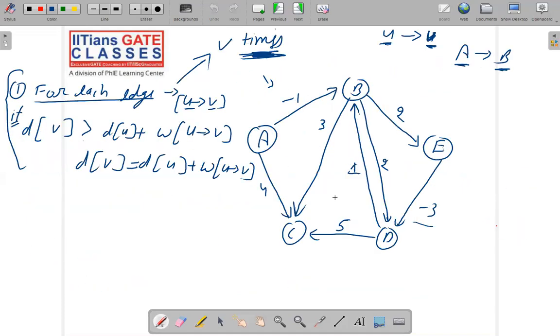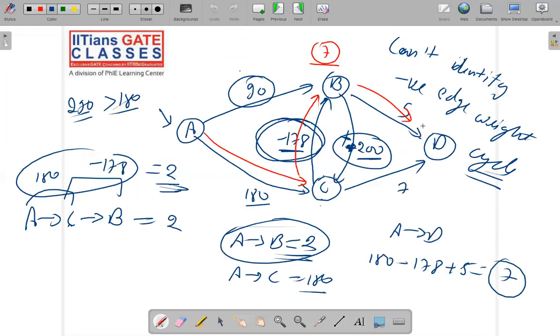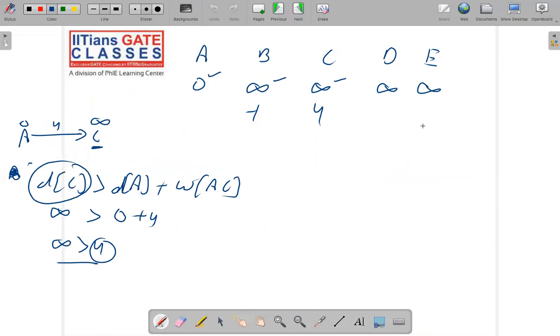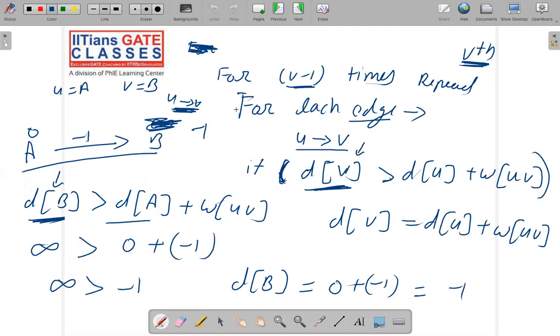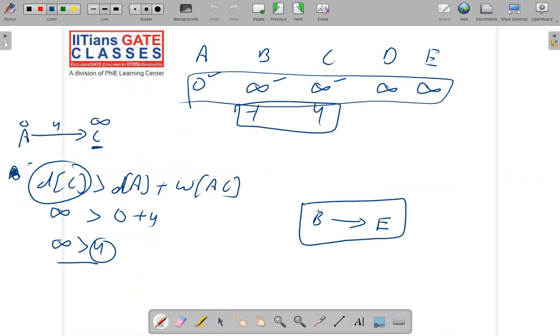Let's consider another edge, which is BE. Now remember, BE will be considered for these values. We will update this value in the next iteration, and how many iterations do we have? V minus 1 iterations. Now for the BE edge, B is at infinite, E is also at infinite. These values are considered in the next iteration.